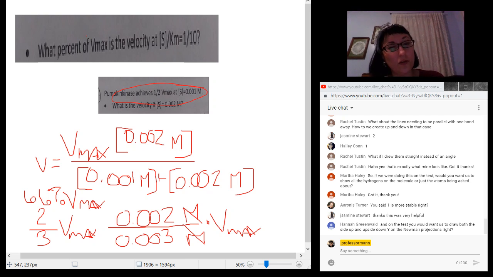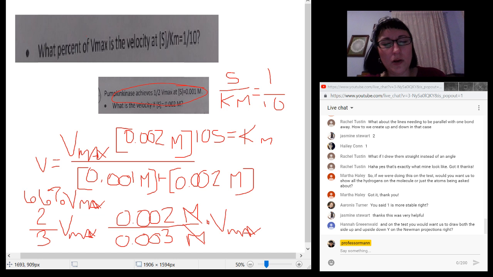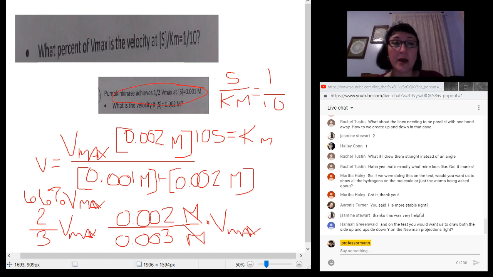So substrate over Km is 1/10. Is that right? So 10 times the substrate's equal to the Km. So that would be 1/11. Yeah, so 1/11 of the Vmax. So 1 divided by 11 is whatever percent that is. What is that, like 9%? I think is what that comes out to. Okay.